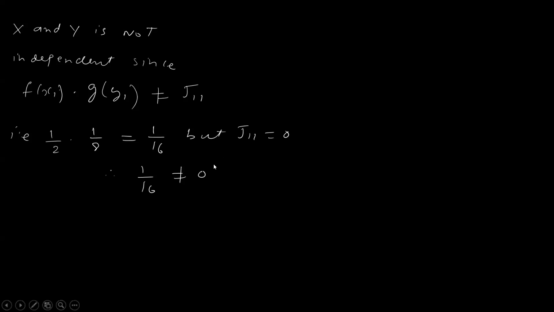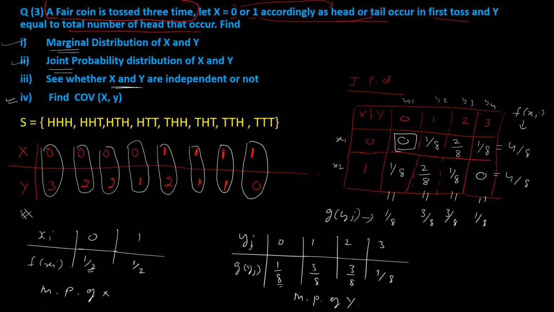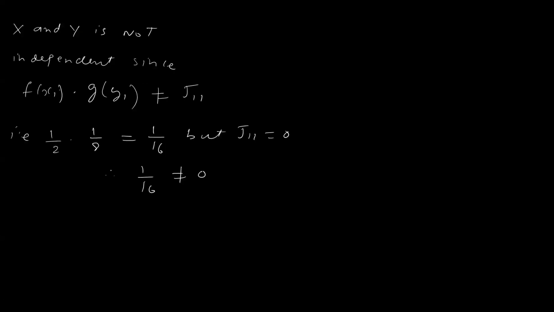Clear? Now find the covariance of xy. So you have the formula of covariance of xy. So this part I will leave it to you, because I already have done so many problems of covariance of xy. So you already know the formula. I'll just write the formula and leave it.